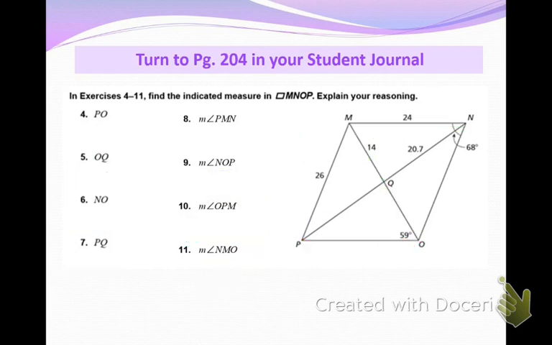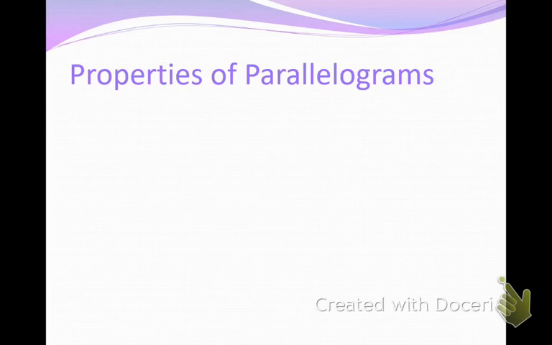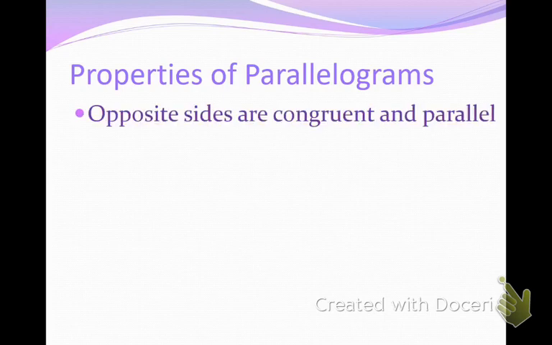Awesome. So, you are going to review this for 2 seconds. Properties of parallelograms. What is the very first one, Caleb? The very first property of a parallelogram. Opposites are congruent. Congruent and parallel. You got it. Opposite sides are congruent and parallel.